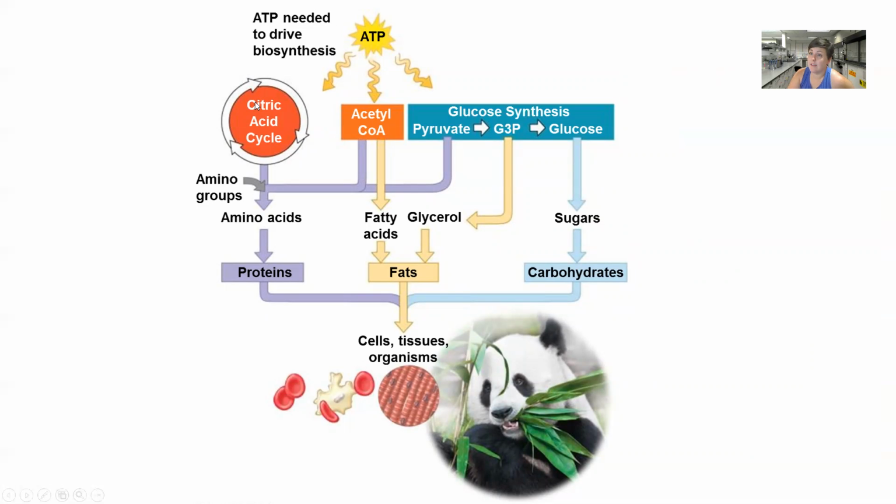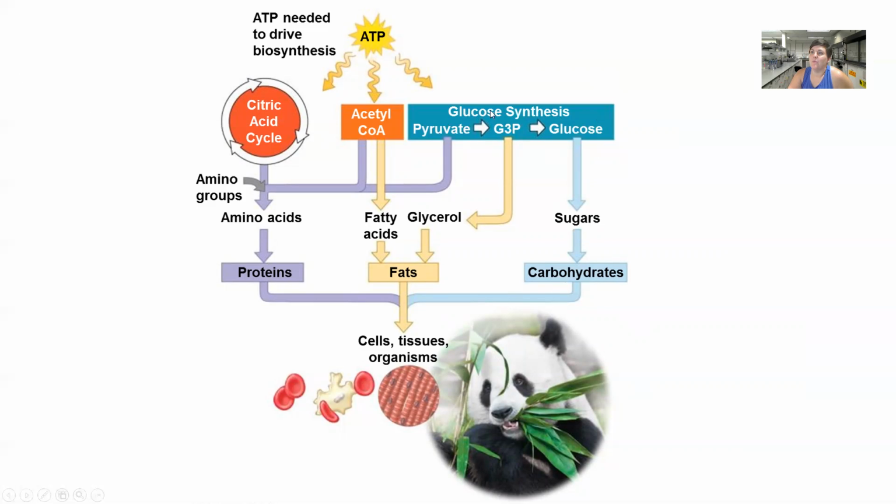So if you look at this, this is kind of looking at it backwards, but what you can see is that you have energy invested into any of these stages. Again, this is looking backwards, but if you go through glycolysis through the Krebs cycle, byproducts of glycolysis can be utilized to create carbohydrates.